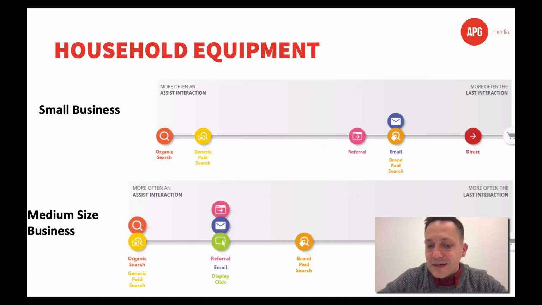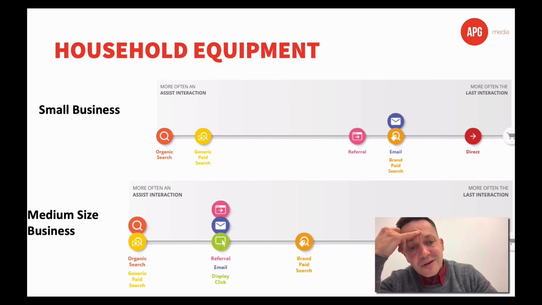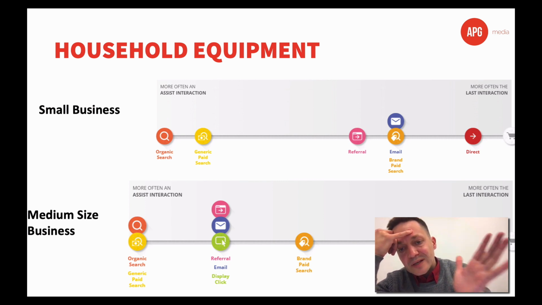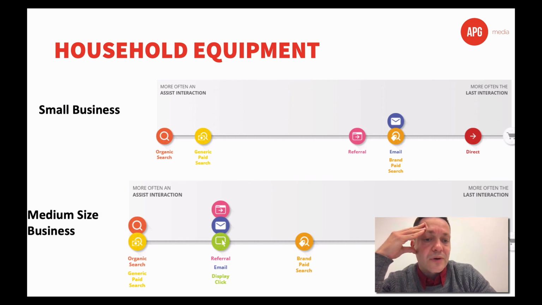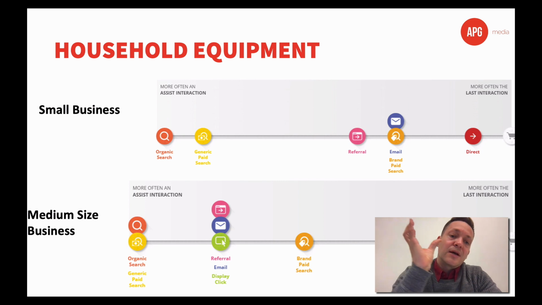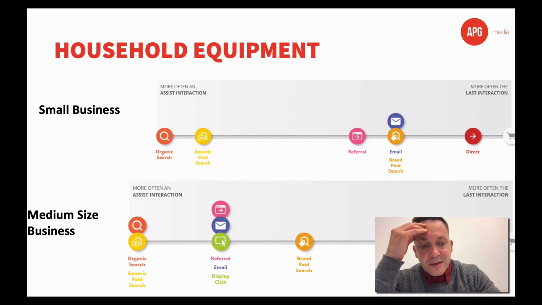Household equipment, yet another solution. And here we have once again the customer journey, which is slightly different from all the previous ones. Here, for example, email marketing and brand paid search for small business is skewed towards the final slot, and generic paid search is still with organic search very much an assistant interaction, right?